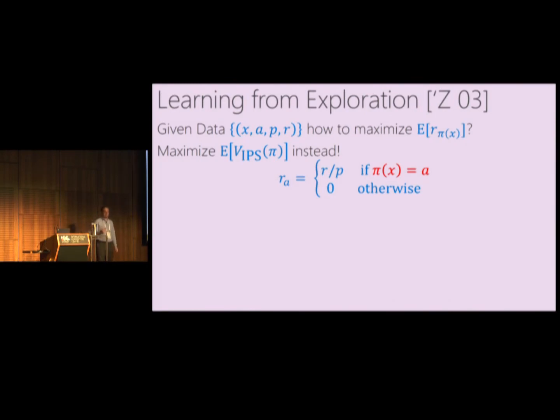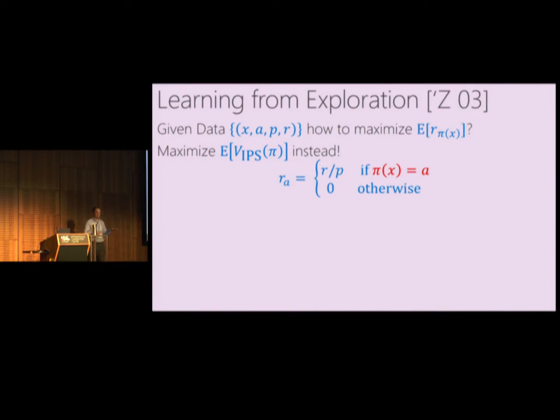So we could take our existing data, and for each action, if that action agrees with the action that was taken, we say this is R over P in value, and otherwise 0. And we know that would give us an unbiased predictor of the value for the actions that are taken.